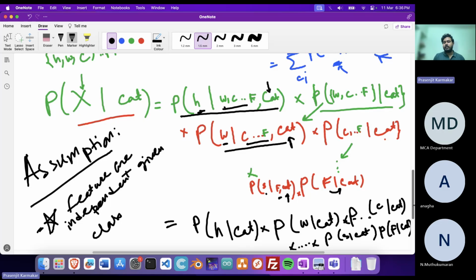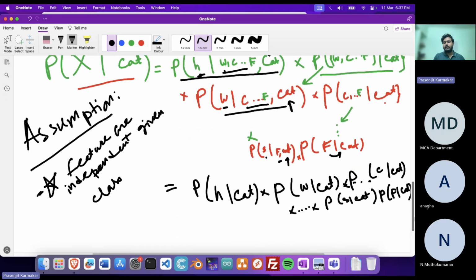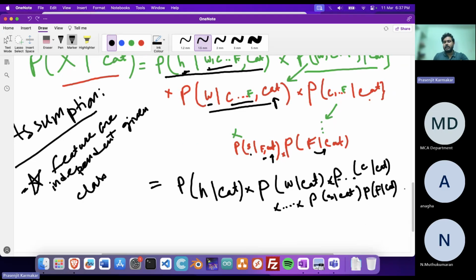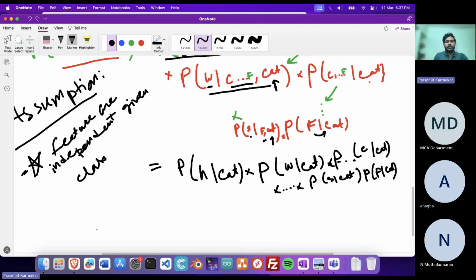I can write this entire multiplication with all the feature components, where X is the set of height, weight, color, dot dot dot S comma F. This is my entire feature set.